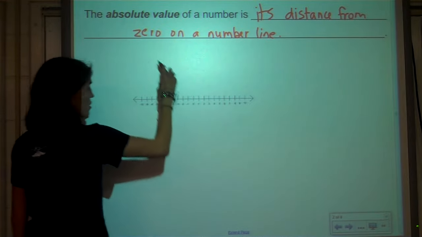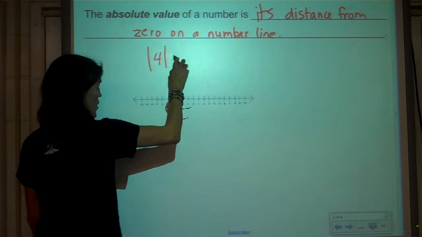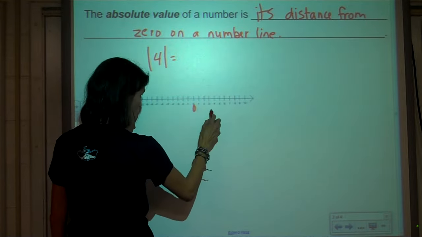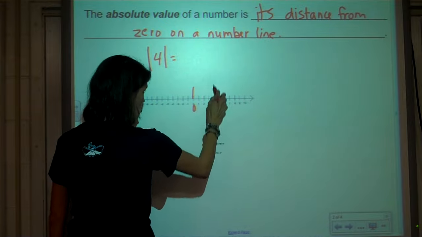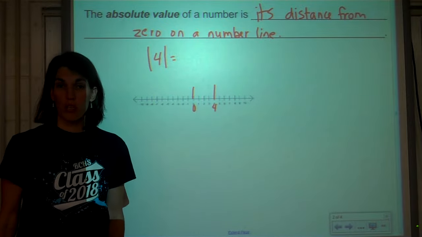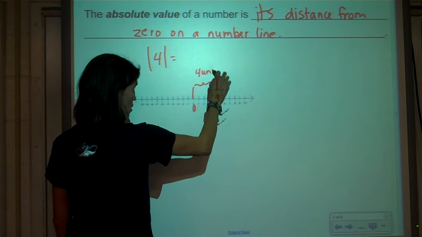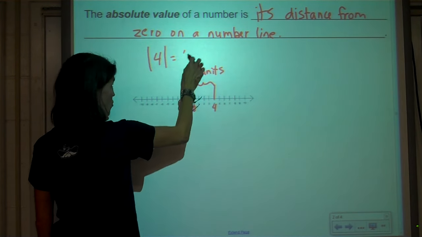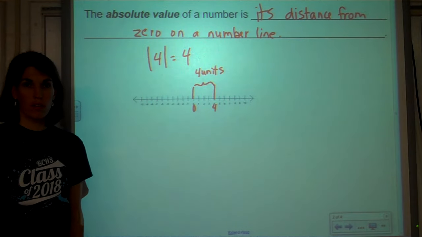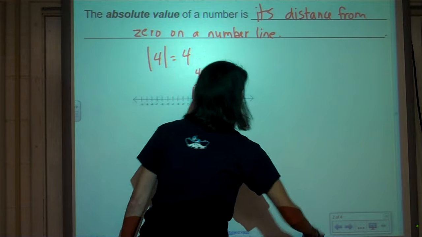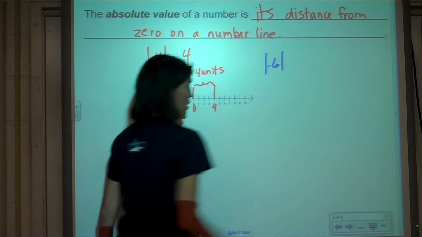So what is the absolute value of 4? That means here's 0, here's 4. How many units away is 4 from 0 on a number line? It is 4 units away. So the absolute value of 4 is 4. The next one, what is the absolute value of -6?